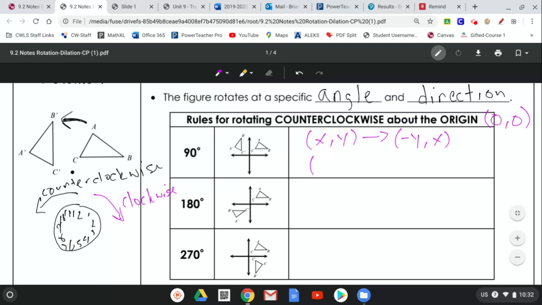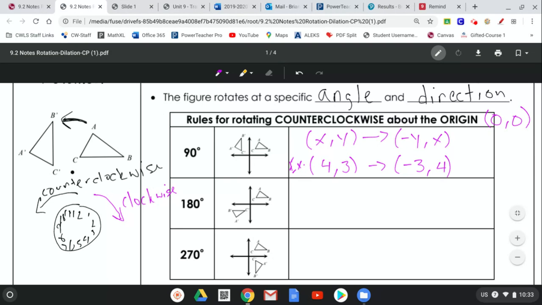This is just an example here. We have the coordinate 4, 3, okay? And we rotate it 90 degrees. The new point that we're going to have is going to have the ordered pair of, and we're going to take this 3 and move it to the first position and make it negative. So we're making it negative 3, and 4, our x coordinate, goes to the second position there, and we have the coordinate negative 3, 4, okay?